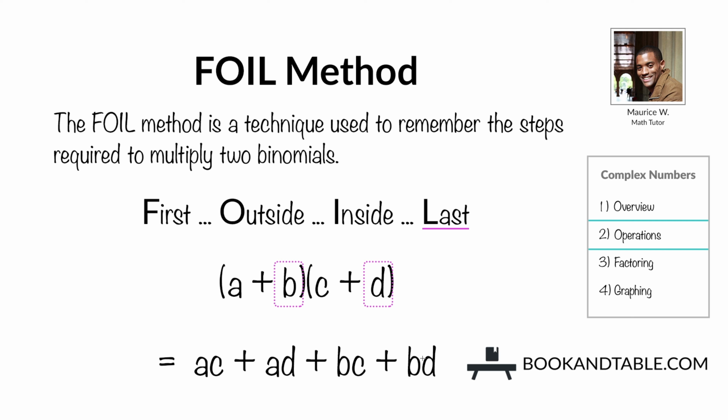So we wind up multiplying the first term in the complex number times each term in the second complex number, ac and ad. And then we wind up multiplying the second term in the first complex number times each term in the second complex number, giving us bc and bd.